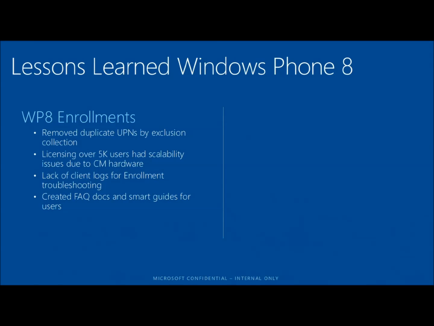But since devices are personal, not easily accessible, and logs are not there on Windows Phone 8 devices, the troubleshooting piece becomes a little tougher on the device side. But on the server side, you could see the logs on the CM side and look at the status of the enrollment as well as your app distribution.